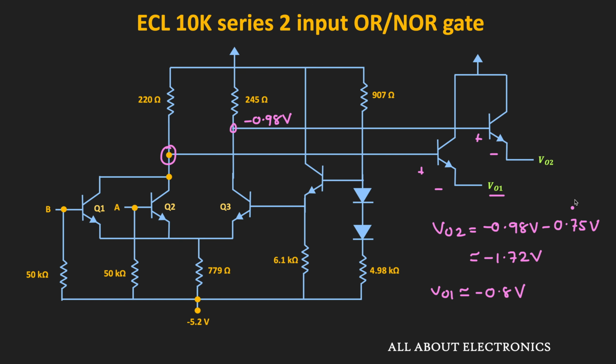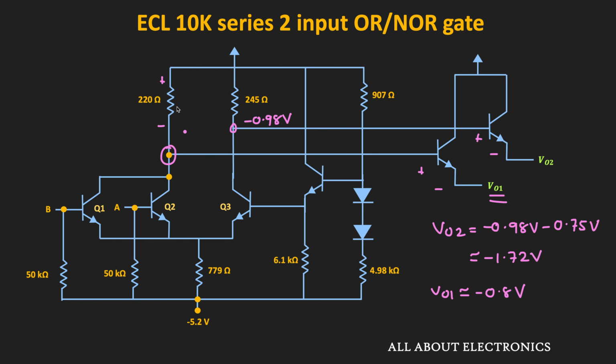Typically in this ECL gate, the transmission line will act as an output load and it will have a resistance of 50 ohm. Whenever the output of this ECL gate is a transmission line, then this transmission line is terminated with a voltage of minus 2 volt. Depending on that load, we will get the value of this VO1, because that load will decide the drop across this resistor.